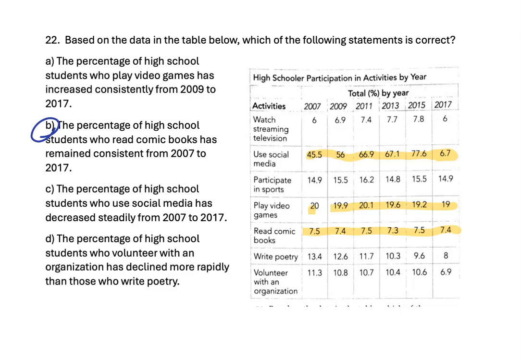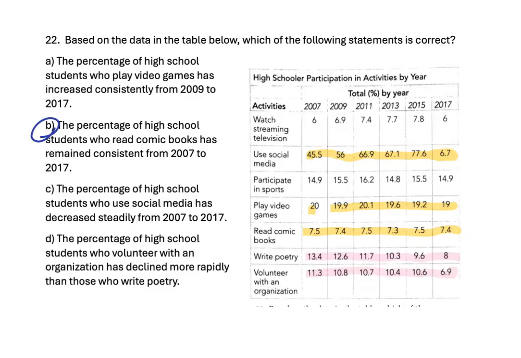Volunteer with an organization, those are our numbers here, and they are going down. Writing poetry, these numbers here, are going down. But can I say that volunteering is going down more rapidly? Not really, because it went from 11 to about 7, and this went from 13 to about 8. So I wouldn't choose that one. I would choose part B about the comic books.